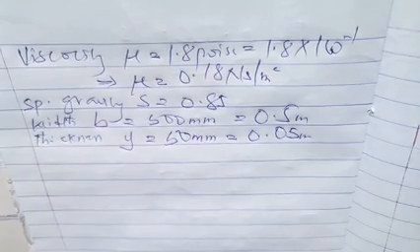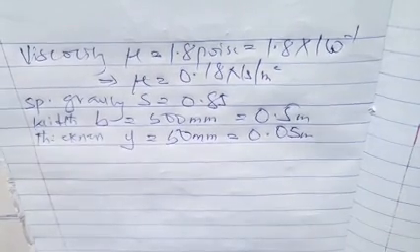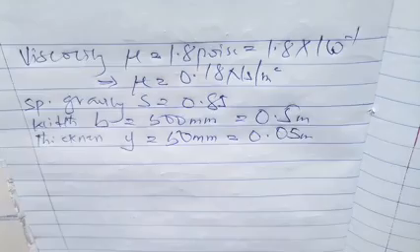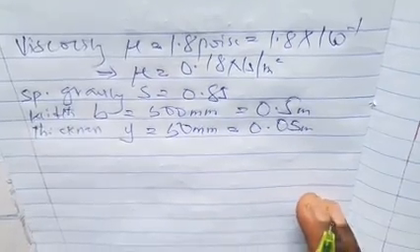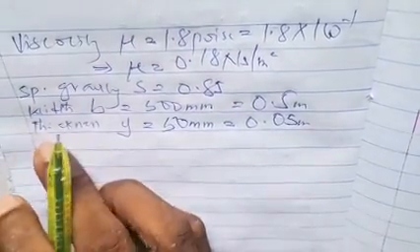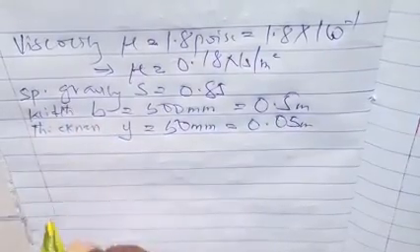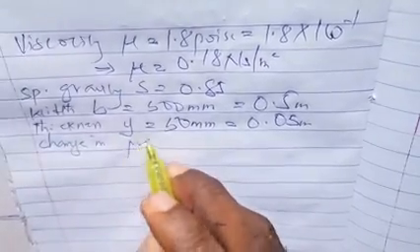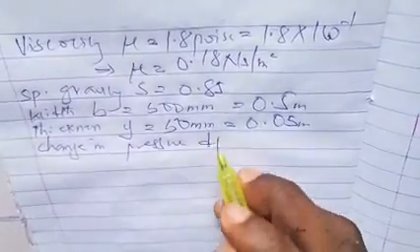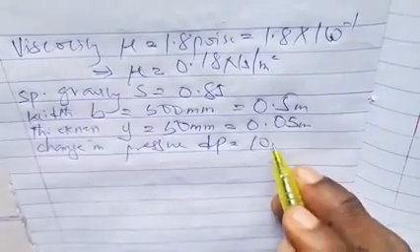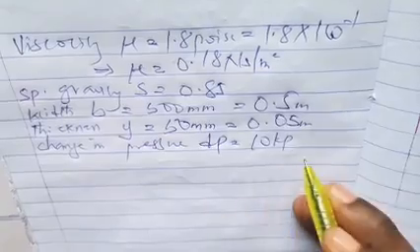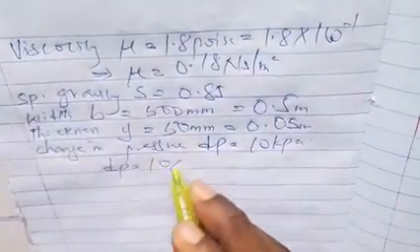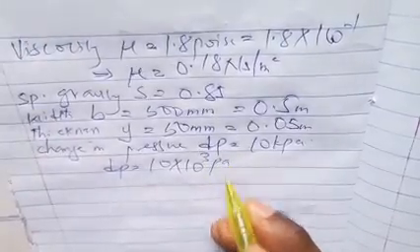Okay, so the pressure drop between two faces of the crack is 10 kilopascal. Pressure drop simply means change in pressure. So change in pressure, dp, was given as 10 kilopascal. So dp is actually 10 times 10 to the power of 3 pascal.